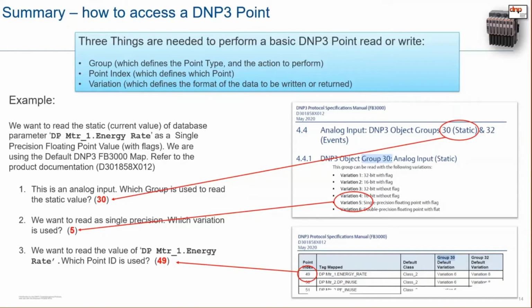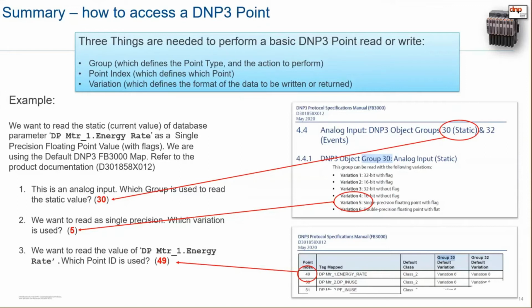So the first question we should ask ourselves, what kind of point is it? Well, this is clearly an analog input. Which group is used to read analog inputs? And if you look in the documentation, the real-time value for analog inputs, that's the static value, is group 30. We wanted to read it as a single precision value, so which variation is that? That's variation 5.